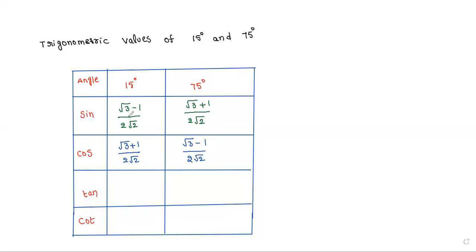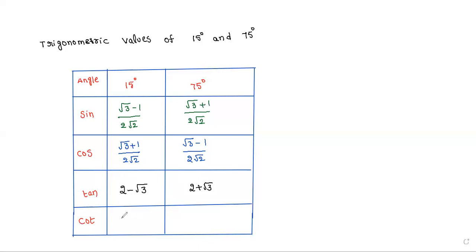Tan 15 degree means sine by cos simply. So rationalizing, root 3 minus 1 by root 3 plus 1 comes. We do sin theta by cos theta. But if we rationalize, the final answer comes as 2 minus root 3. 2 minus root 3, 2 plus root 3.